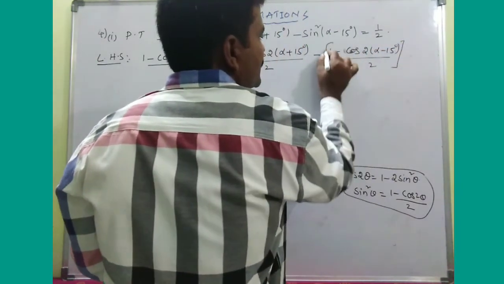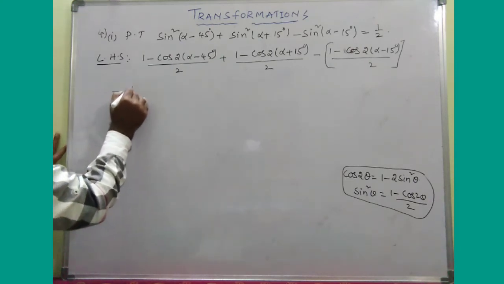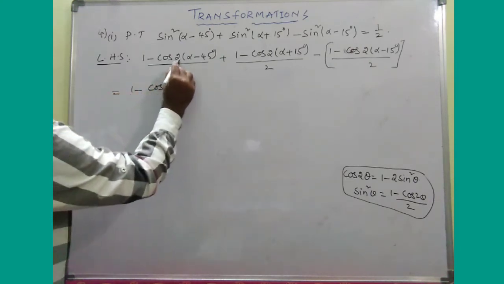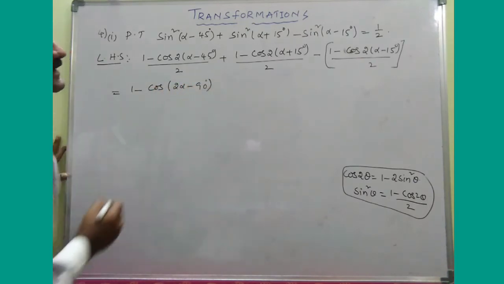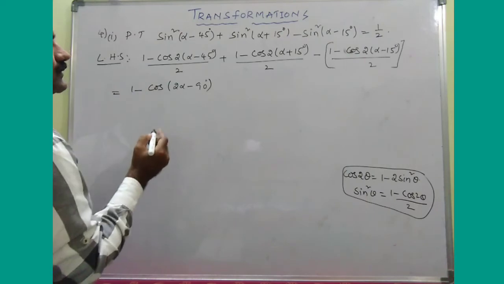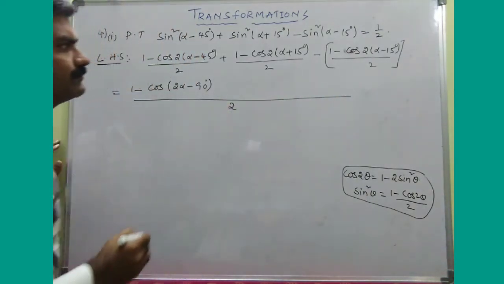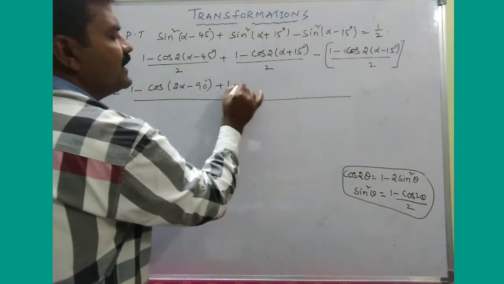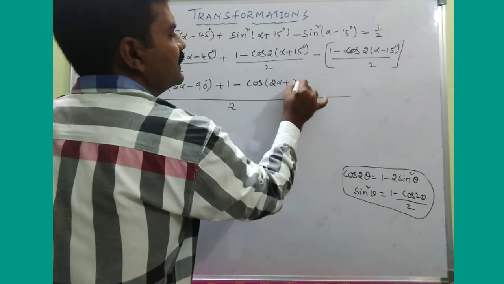Before this there is a minus, so keep it in the bracket. Look at the magic now. 1 minus cos of 2 alpha minus 90 degrees by 2. Can we take the LCM now? Because 2 is the LCM. And here, 1 minus cos of 2 alpha plus 30 degrees.